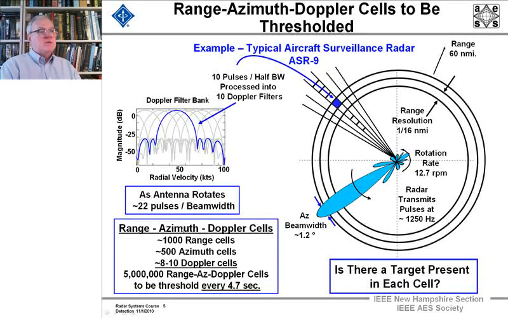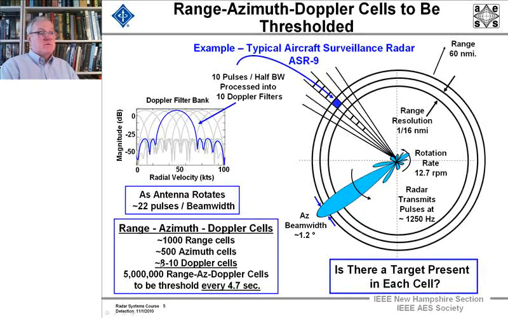And so in one revolution of the radar, the range resolution is 1/16 of a mile, so we'll have about 960, about 1,000 range cells. We'll have about 500 azimuth cells of 10 pulses.